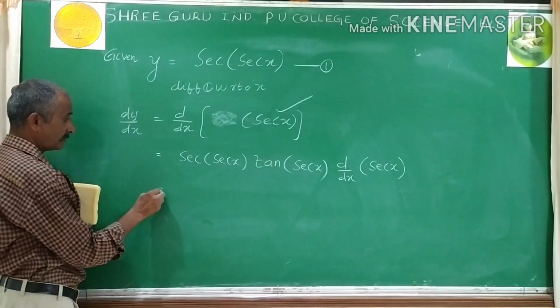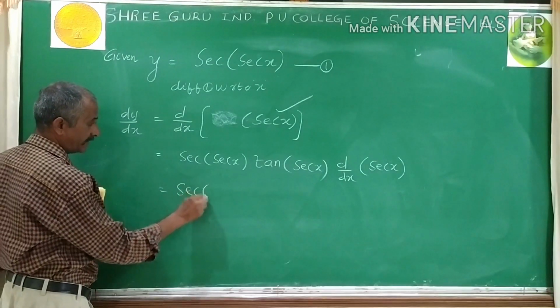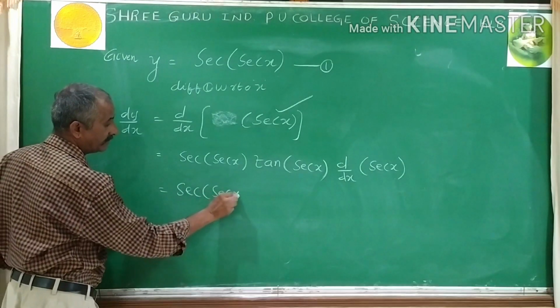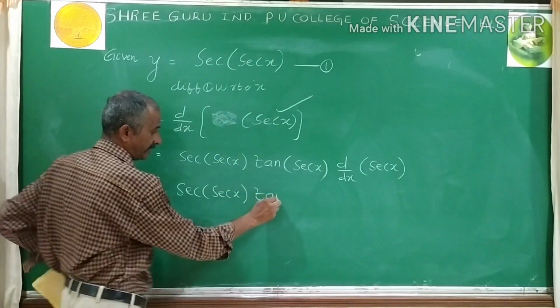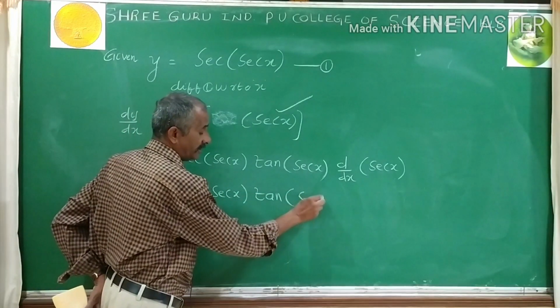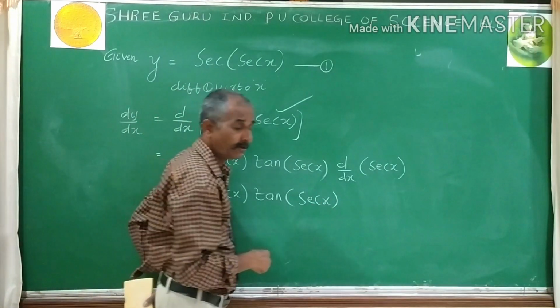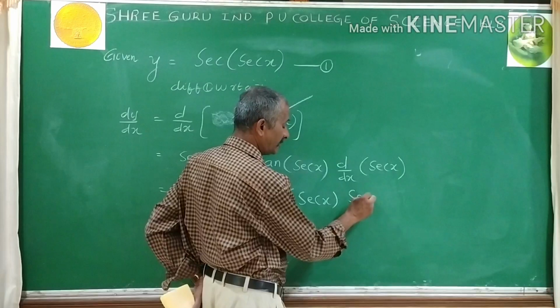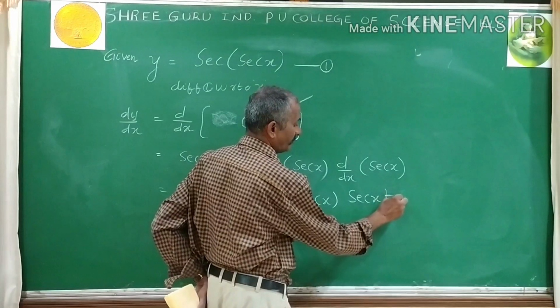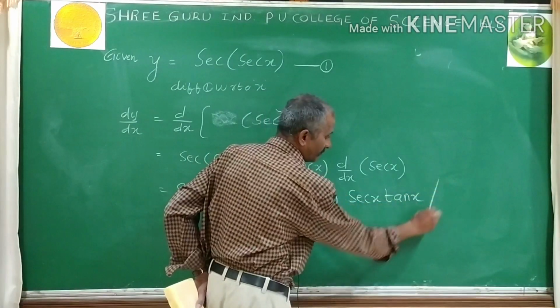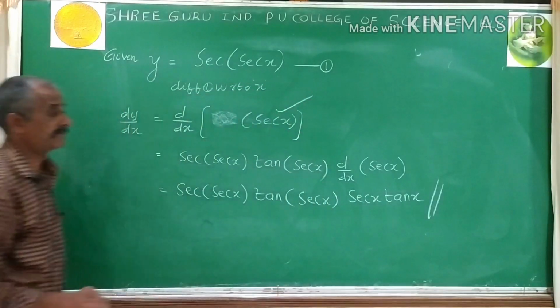That is equals to sec of sec x into tan of sec x, into now d by dx of sec x, meaning the derivative of sec x is sec x into tan x. That is the final answer.